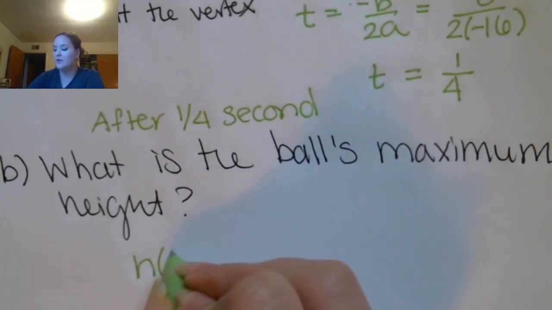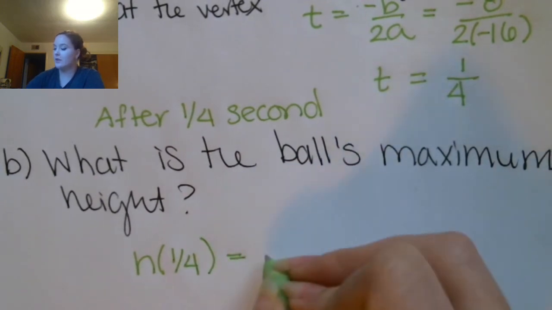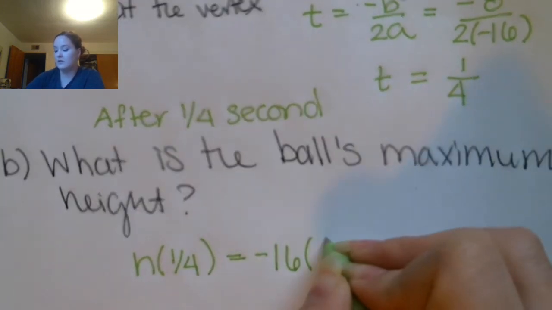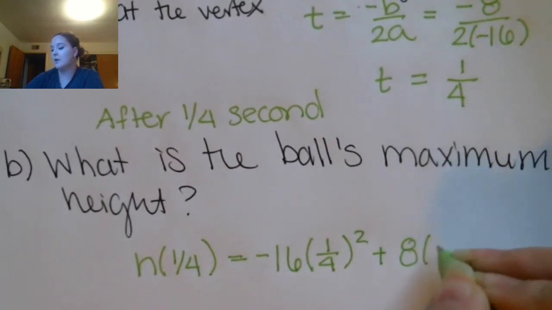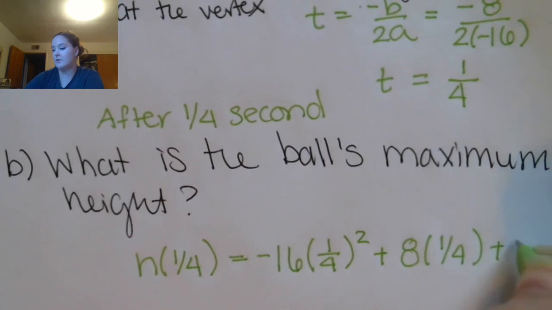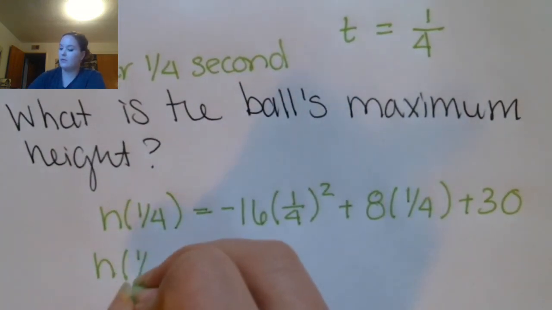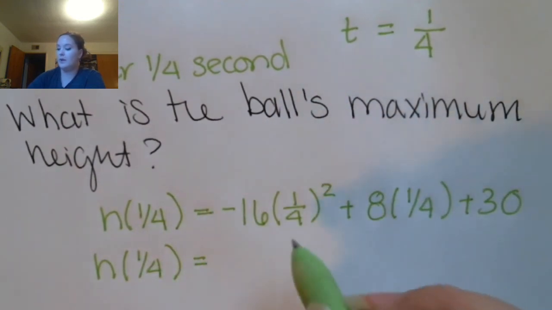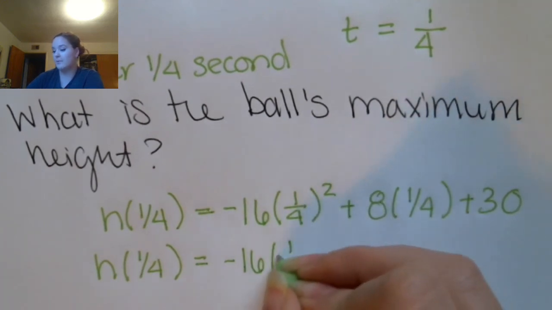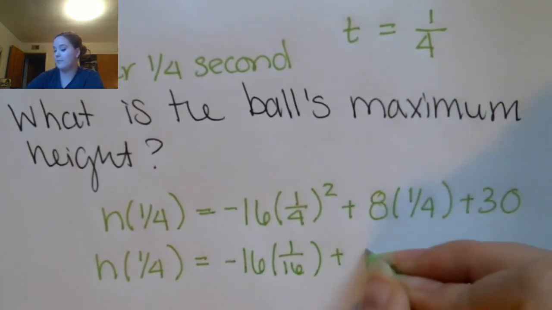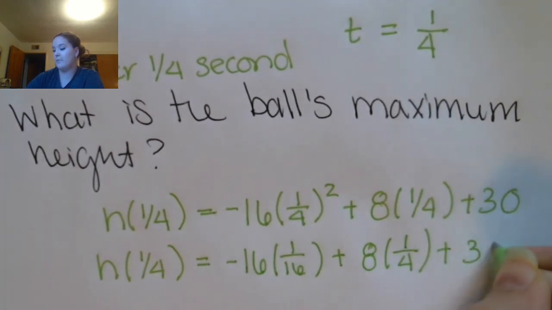We'll have h of 1/4, and remember we're using our function notation here, so we'll get -16 times 1/4 squared plus 8 times 1/4 plus 30. 1/4 squared is 1/16.